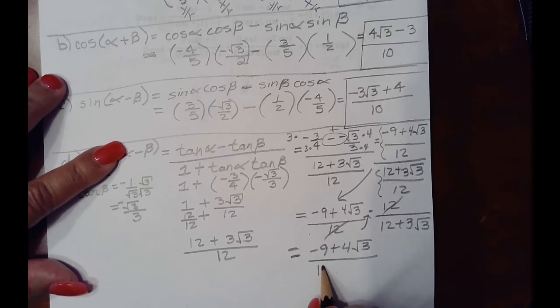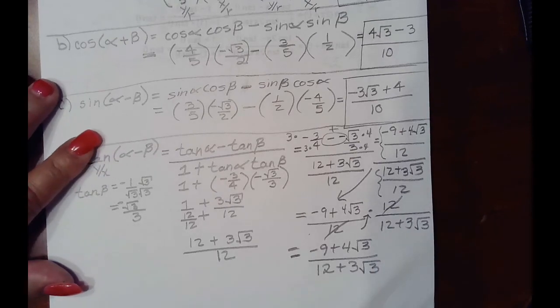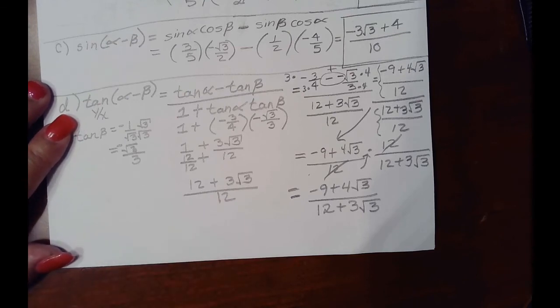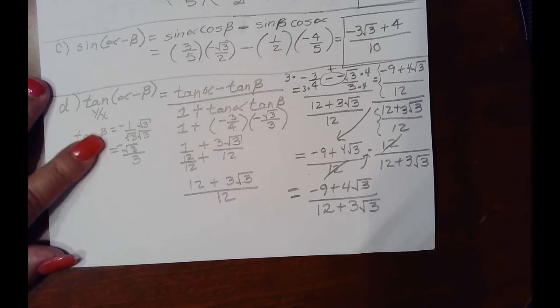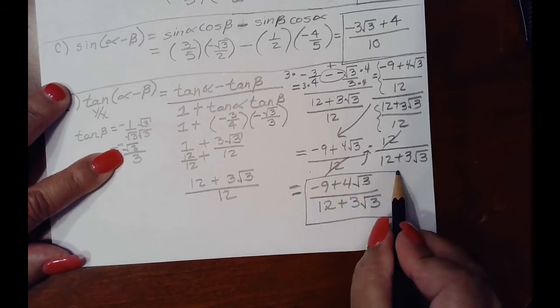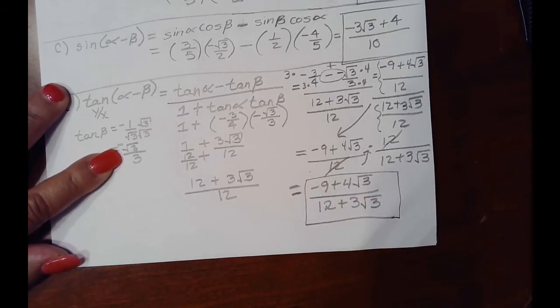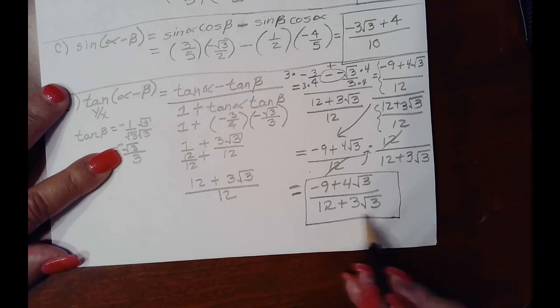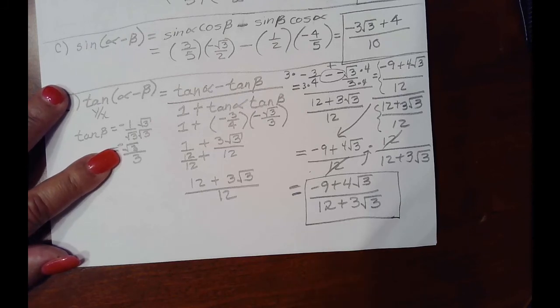And it would leave you with 12 plus 3 square roots of 3 on the bottom. I don't believe they'll make you rationalize that, only because you've gone through so many steps at this point, and they tend to do that sometimes, that if you've gone through a gazillion steps already, they will allow you to leave it like this. If they do ask you to rationalize that, you would multiply the bottom by 12 minus 3 square roots of 3. You would multiply the bottom by the conjugate and the top by the conjugate, but I believe they'll let you keep it there.